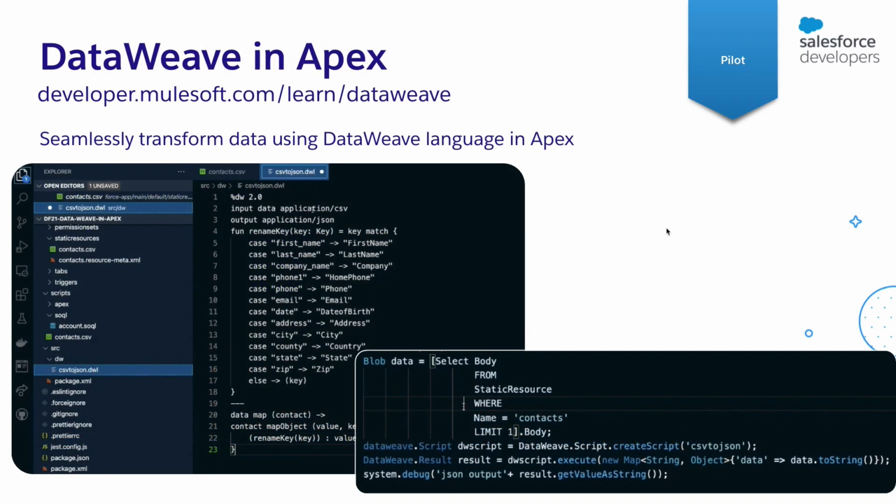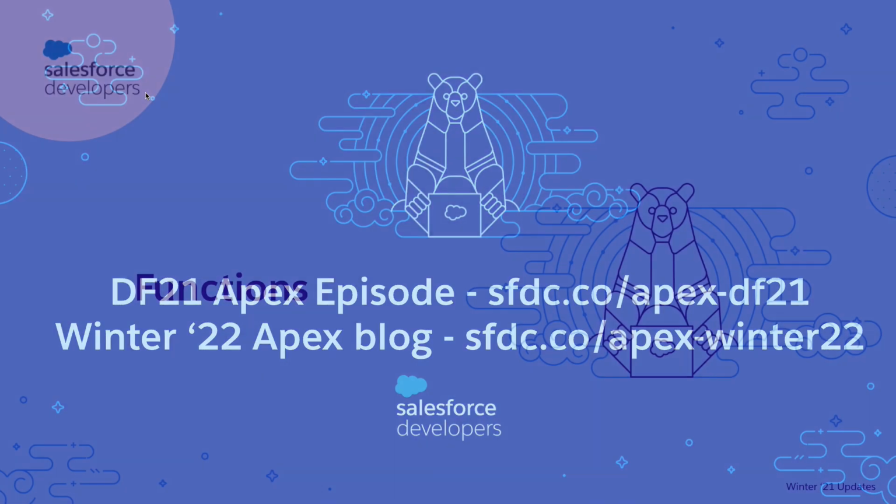And there is another great pilot that will allow you to execute DataWeave scripts from Apex. DataWeave is the language that we have in MuleSoft that helps you transform data from one format to another very easily.